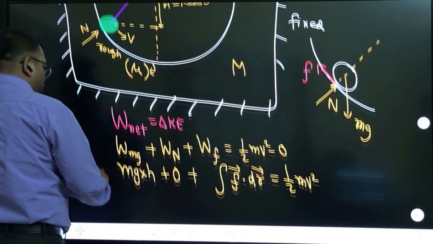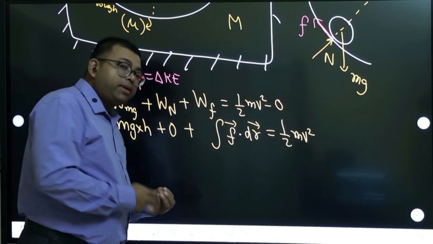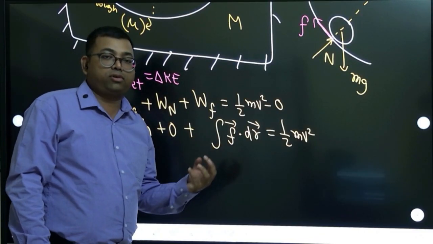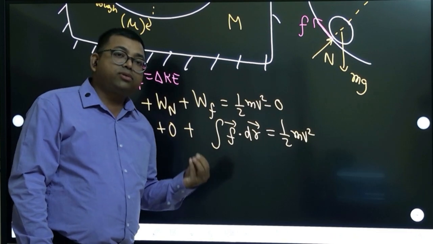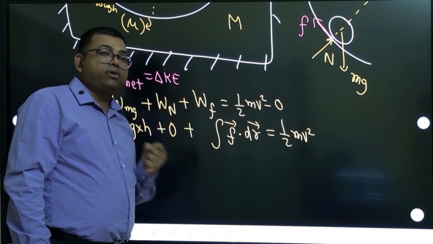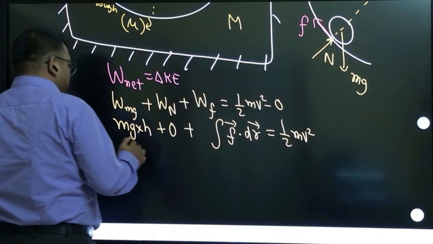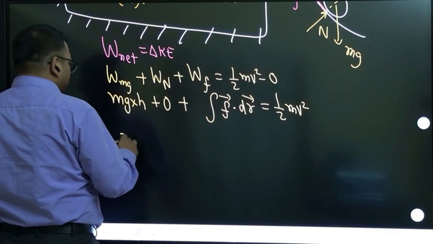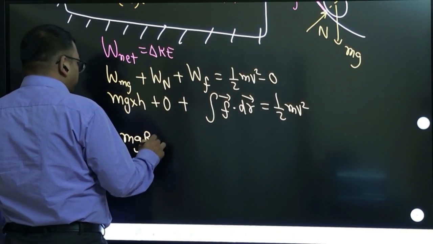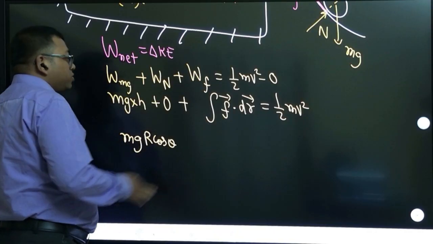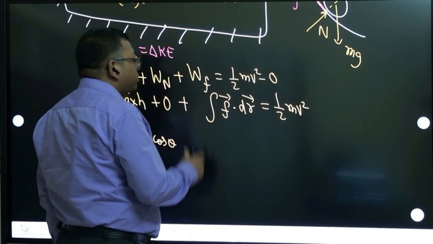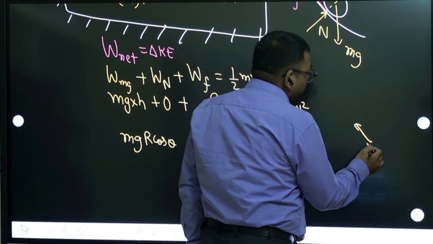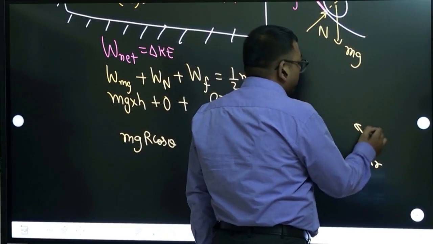By this question you will be learning the very fine and minute things about the maths involved in the problem. So this mg is a constant, and h is r cos theta, so mg r cos theta, that part is over. But the main thing is here, how will you take it? Friction is always acting this way and displacement dr is happening this way, right?